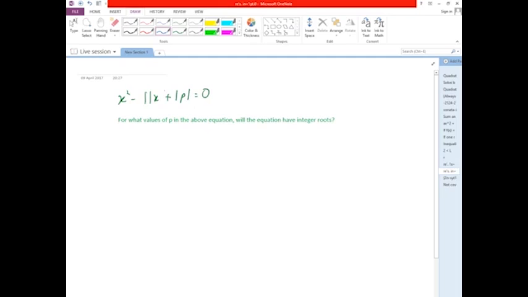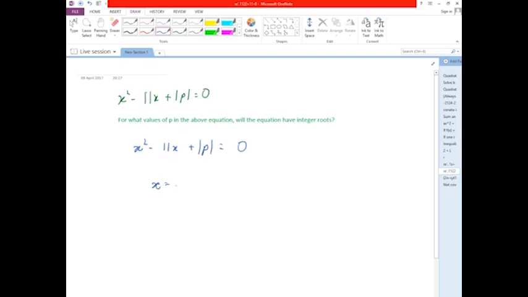I think we'll start with this now. So in this question, what we have been given is an expression x square minus 11x plus mod p equal to 0. And we have to find, for all values of p, will the equation have integer roots? So let's find the roots first.